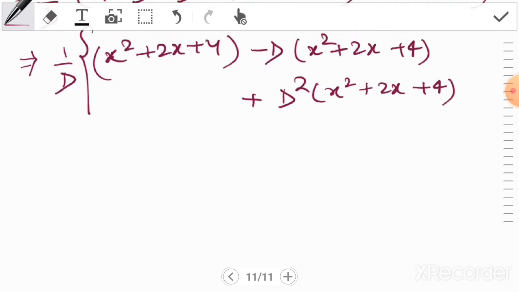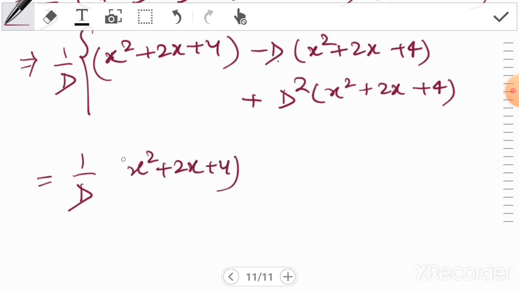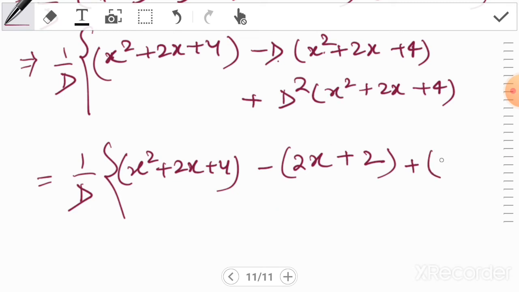Then let us operate this operator on x square plus 2x plus 4. So this is derivative of x square, which is 2x, and derivative of 2x is 2. This is 0. Again double derivative of x square is 2 and then 0.